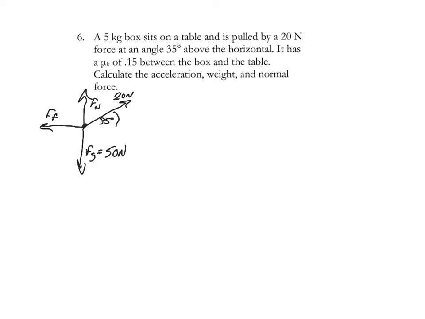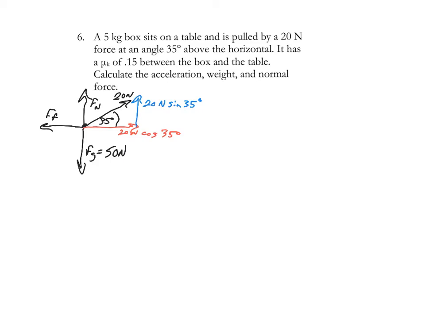Alright, first thing I'm going to do is get all my x direction because it's going to be accelerating in the x direction. So this red is going to be 20 newtons times the cosine of 35 degrees. Just for fun, there is a vertical force here that's 20 newtons times the sine of 35 degrees.